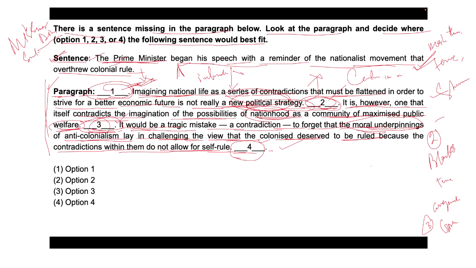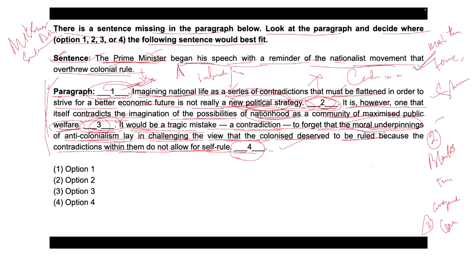Because the prime minister began his speech with a reminder of the nationalist movement that overthrew colonial rule, and then it would be a tragic mistake or contradiction to forget that the moral underpinning of anti-colonialism lay in challenging the view that the colonized deserve to be ruled because the contradiction within them do not allow for self-rule. So in that case, we can say in blank 3, the sentence should best fit, isn't it?